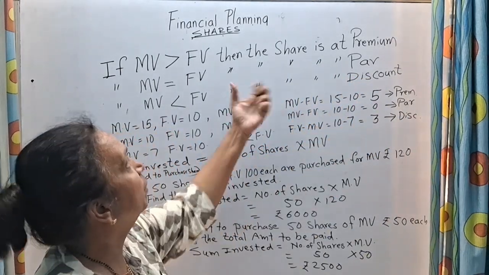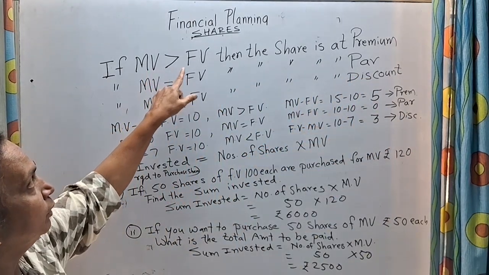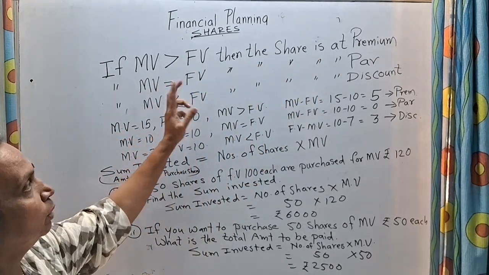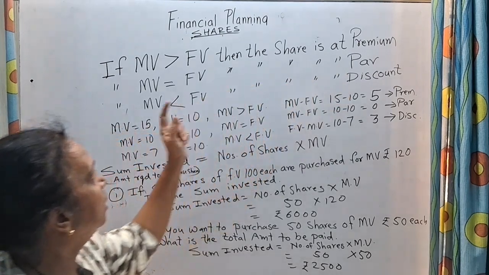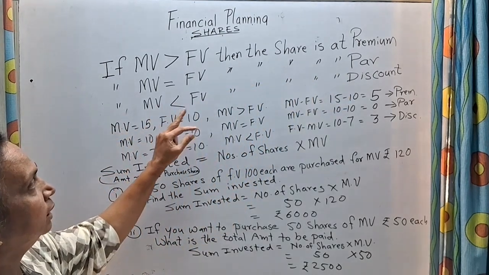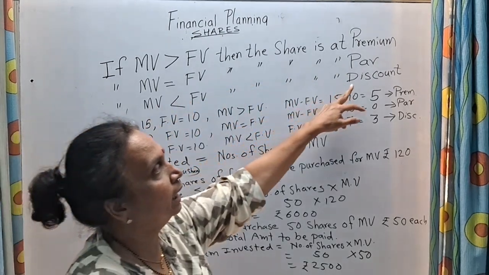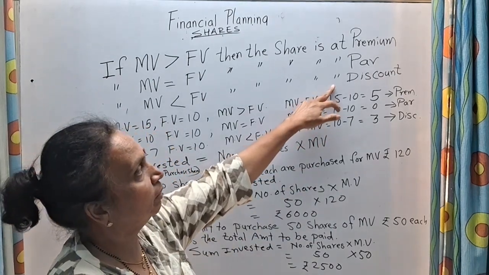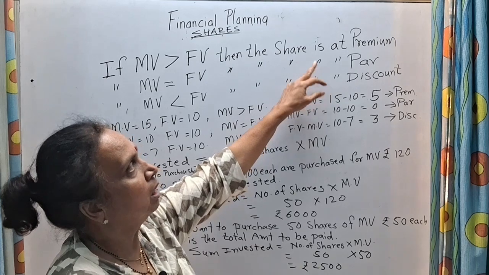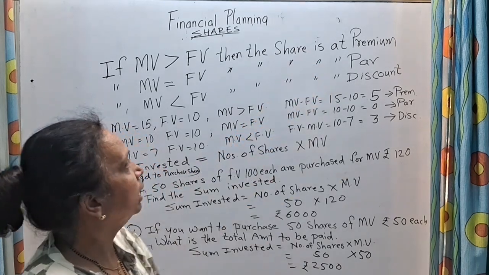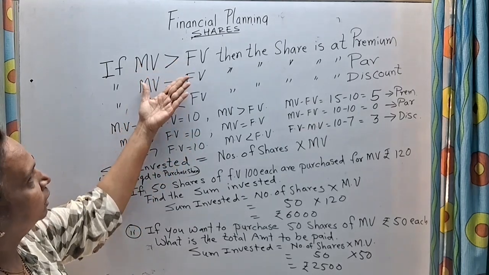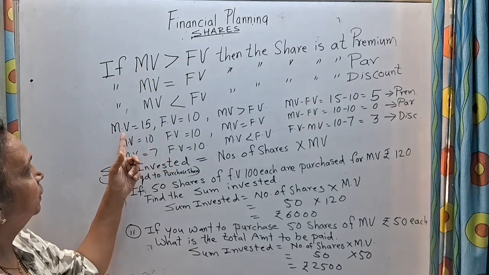So this you have to remember. Market value, if it is greater than face value, the share is at premium. Market value is equal to the face value, the share is at par. And market value is less than face value, it is at discount. Usually when we purchase it, we try to purchase it when it is at discount or at par rather than at premium.